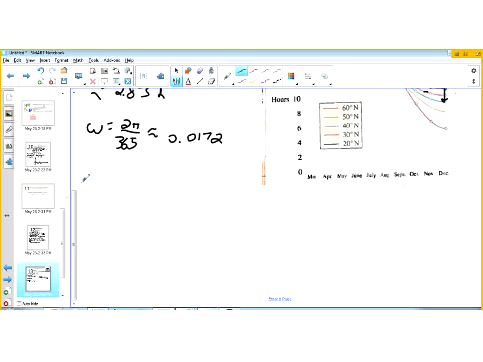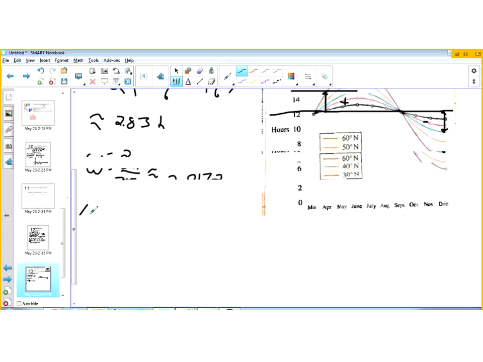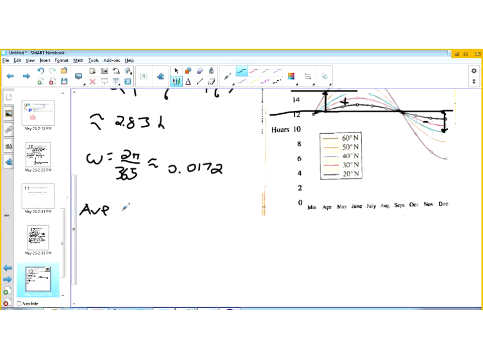the average length of daylight is 12 hours, as I showed you in this black reference line. So the average length of daylight is equal to 12 hours.